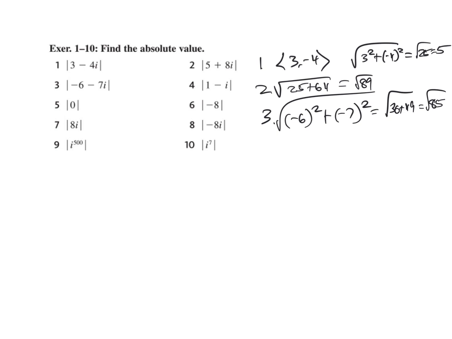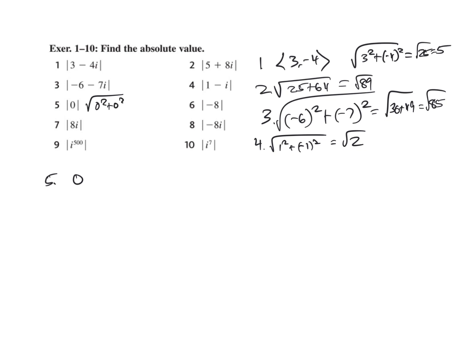Okay, number four is going to be the square root of 1 squared plus negative 1 squared, or the square root of 2. And then number five, that's your 0 plus 0i, so (0, 0). That's going to give you 0 for 5, so this is 0 squared plus 0 squared.